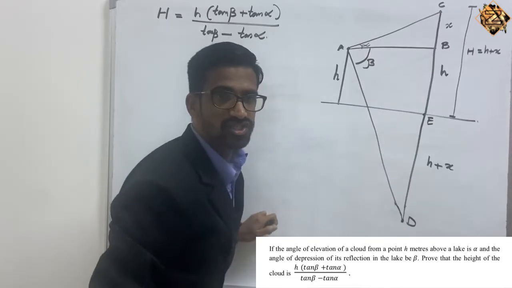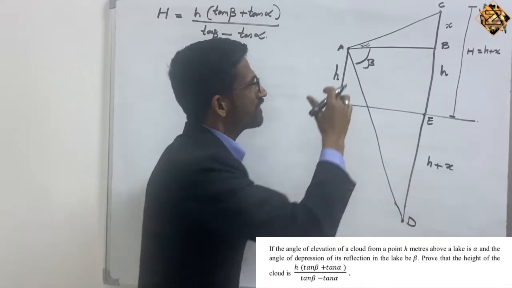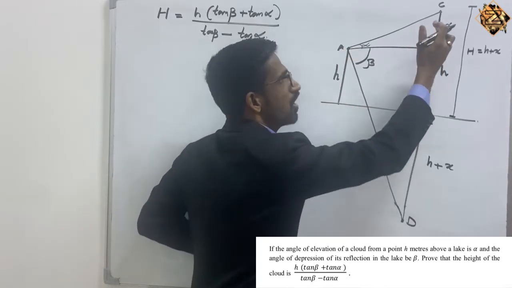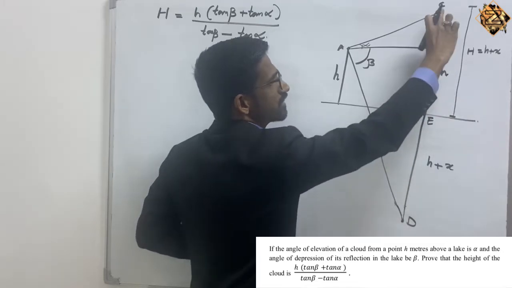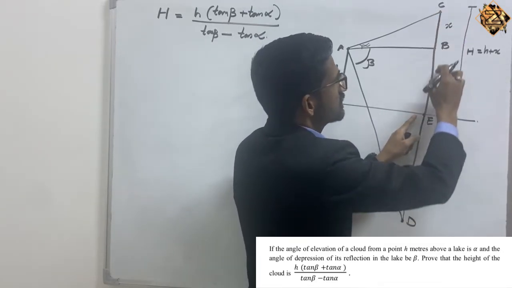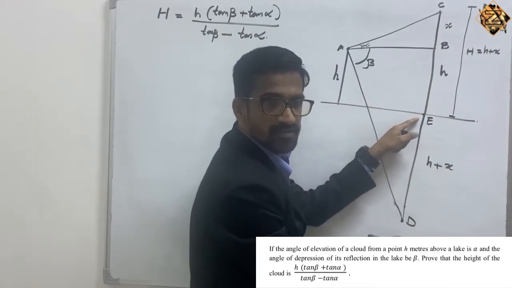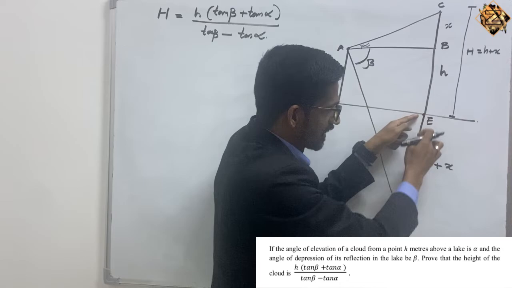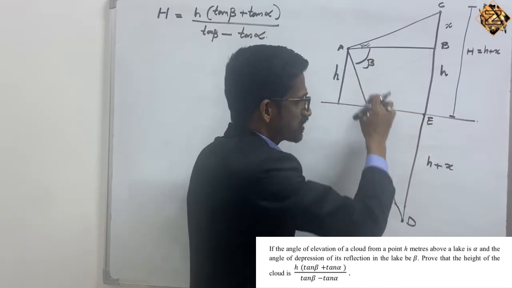The next sentence is angle of depression of its reflection, reflection of the cloud in the lake, is beta. So reflection of the cloud means how much height is the cloud right now? It is h plus x. So that much will be the reflection, isn't it?